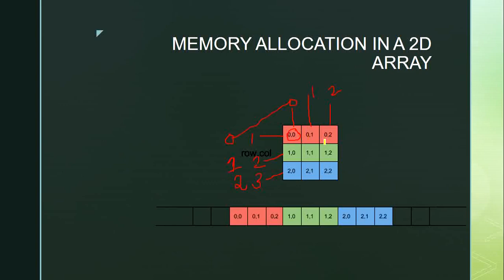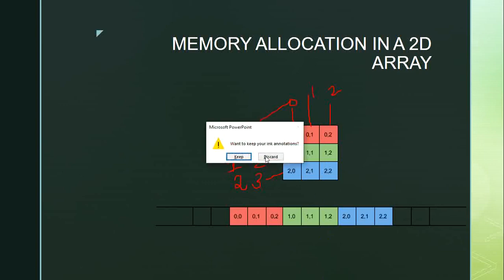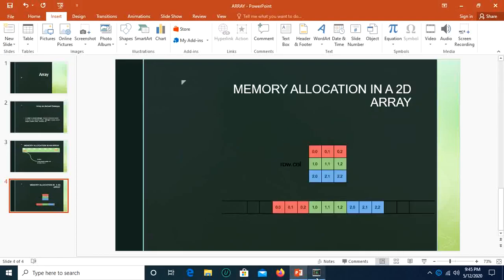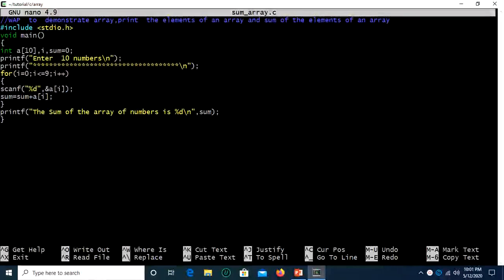Now it will be very simple if we move into the Cygwin terminal. So our program is open in front of us. This is a program to demonstrate array, to print the elements of an array and sum the elements of that array. So what will be the input?